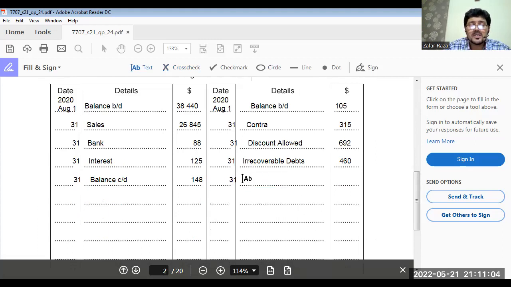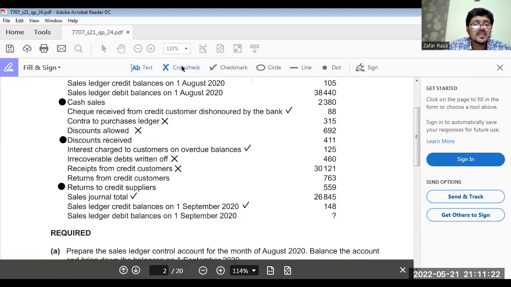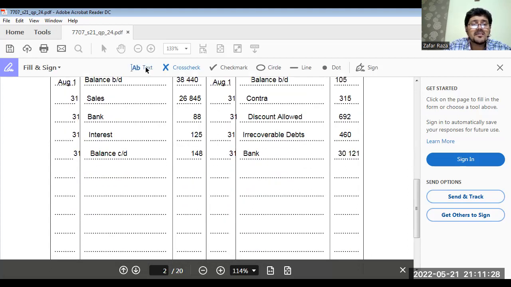So when we receive, we debit bank and we credit the control account. The amount was 30,121. Okay. What else? Sales returns 763. Returns 763. Done.